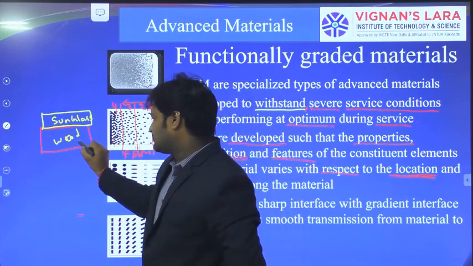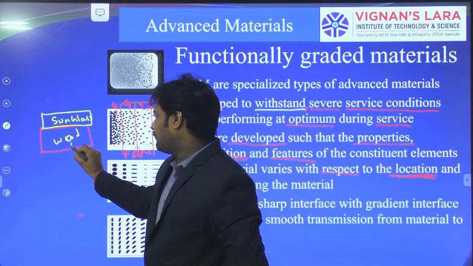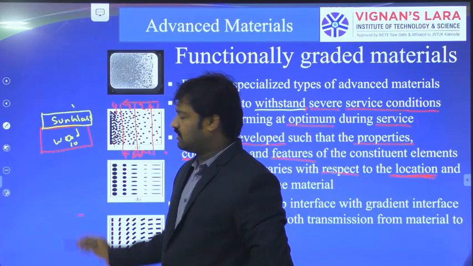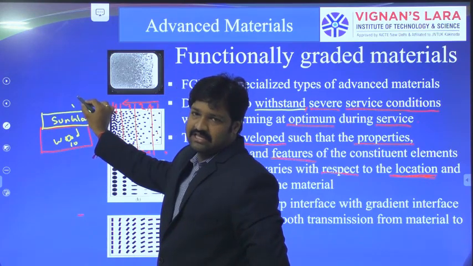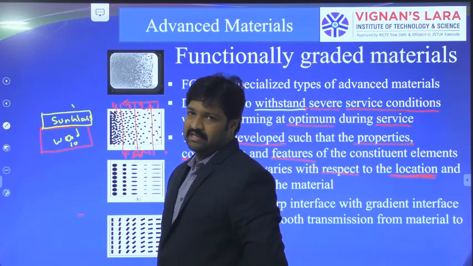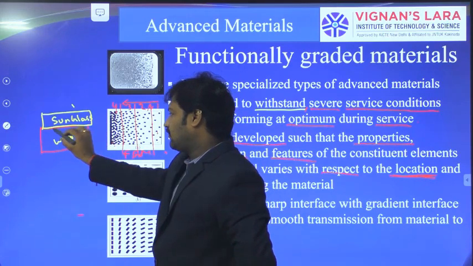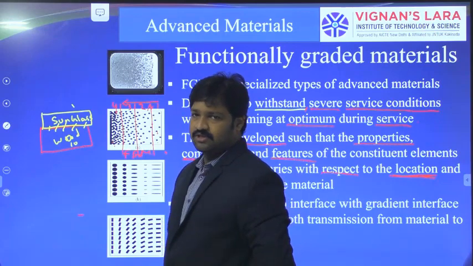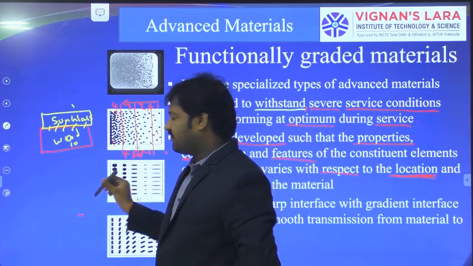Here this wood may have a thermal expansion of 10, whereas this is having 1. So the wood moves more than the above material. So due to that, the bonding between these two will be damaged. This is due to the sharp interface.